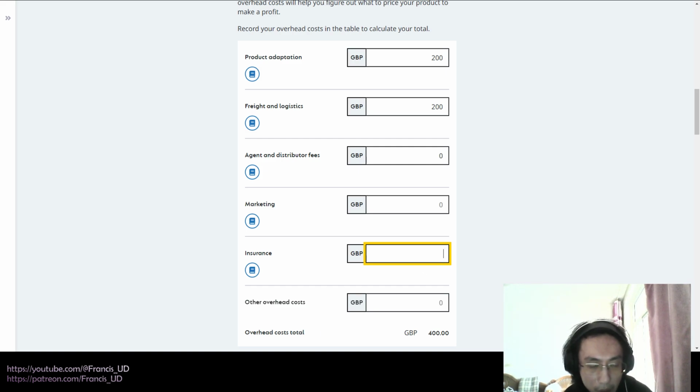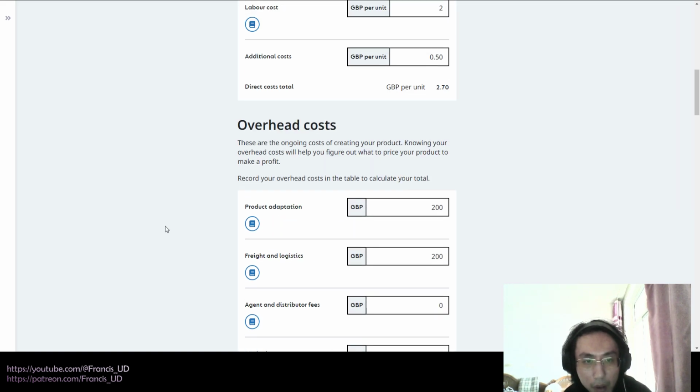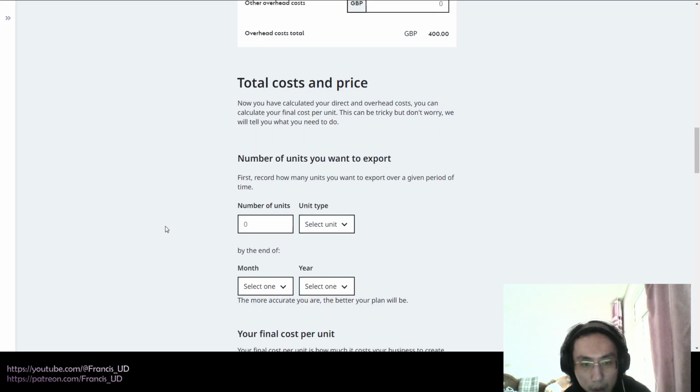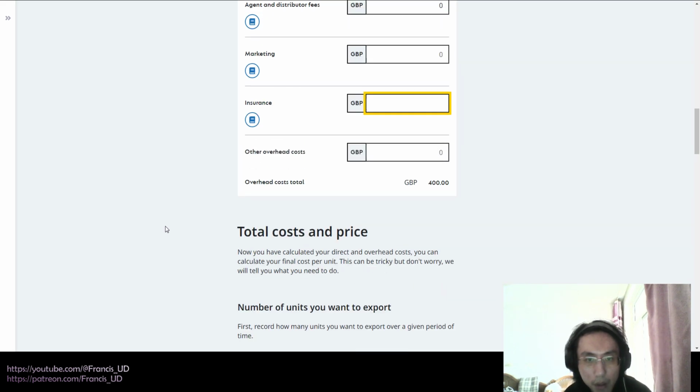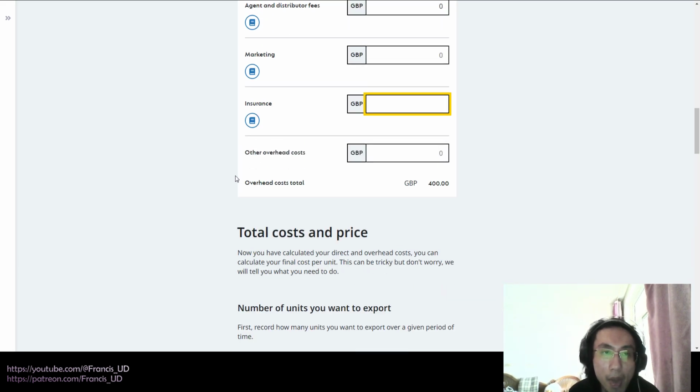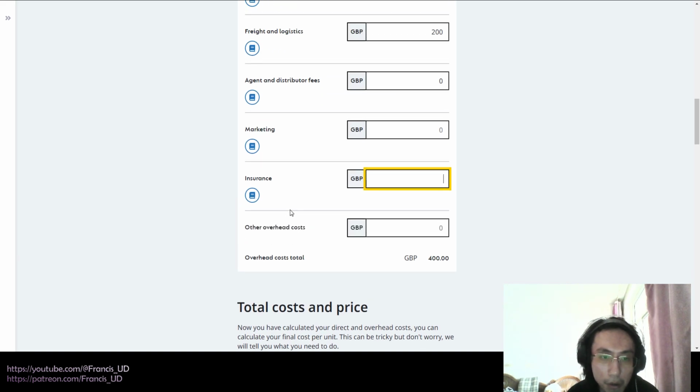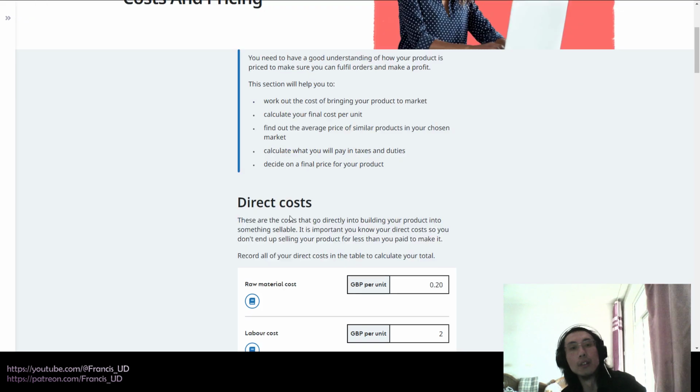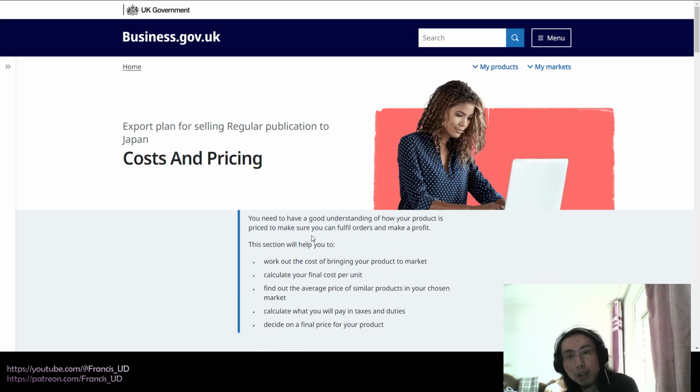Let's assume, not sure. Maybe do a Google search. I don't know. I haven't the faintest idea how much insurance would cost under this particular context.